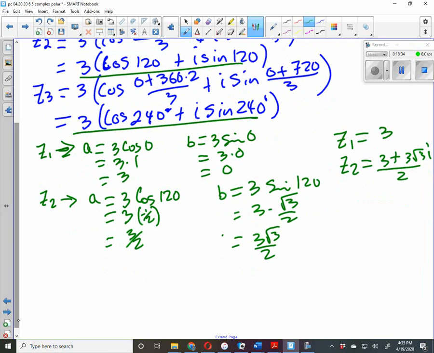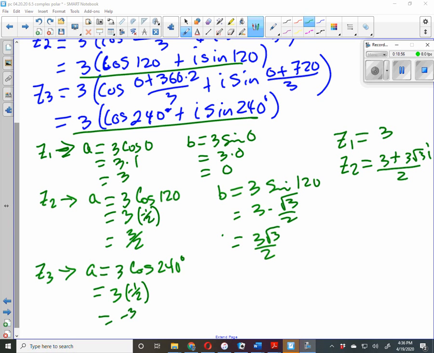All right, and then for the last one, we've got z3. A is equal to 3 cosine 240. 3 cosine of 240 is negative 1/2, which is negative 3/2. And there should have been a negative in that one, shouldn't it?